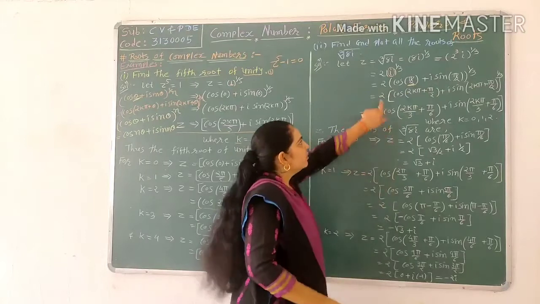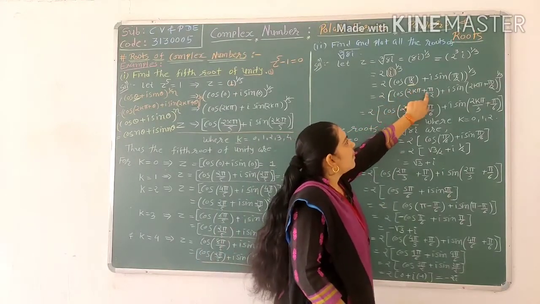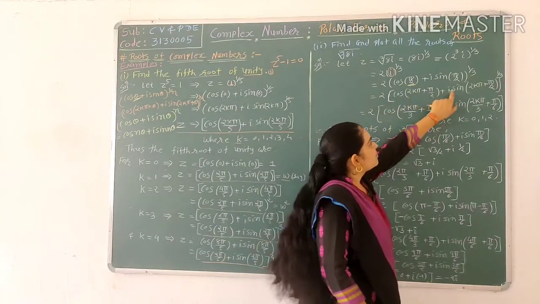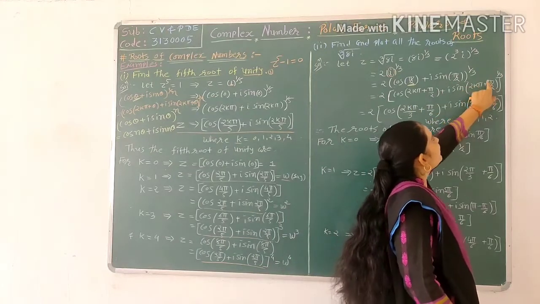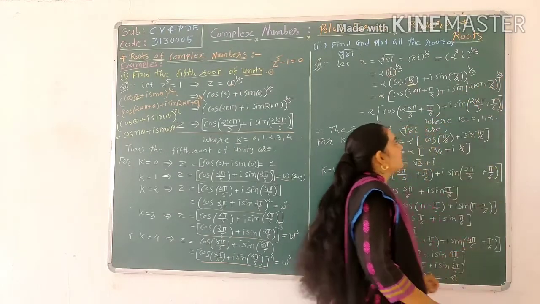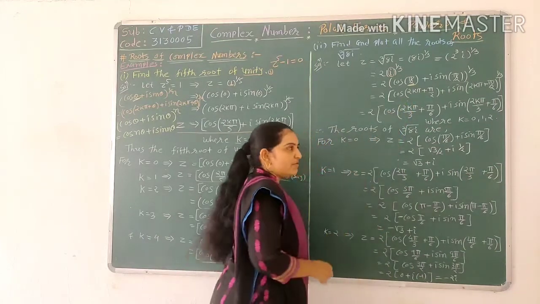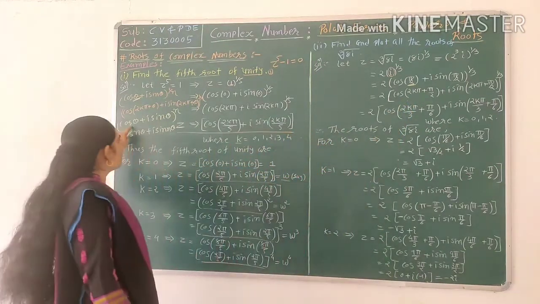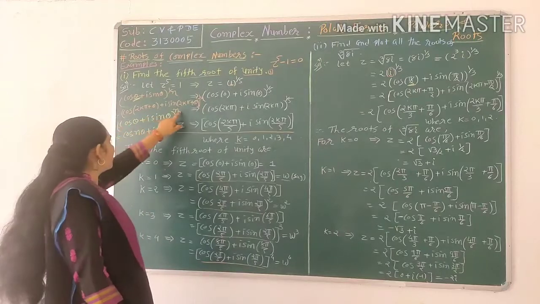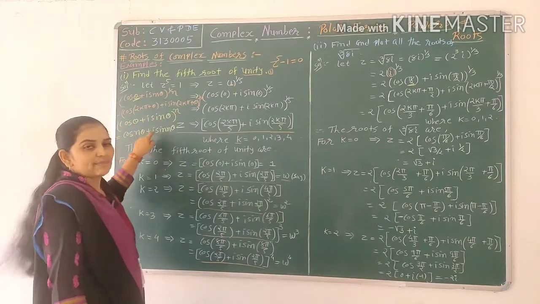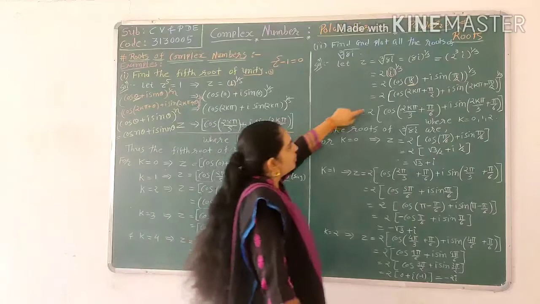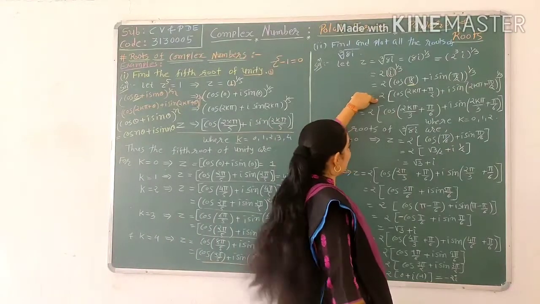Therefore, we can write 2 (cos (2k pi plus pi by 2) plus i sin (2k pi plus pi by 2)) whole raised to 1 by 3. Now we have to use De Moivre's theorem, (cos theta plus i sin theta) raised to n is cos n theta plus i sin n theta. Therefore, we have to use De Moivre's theorem here.